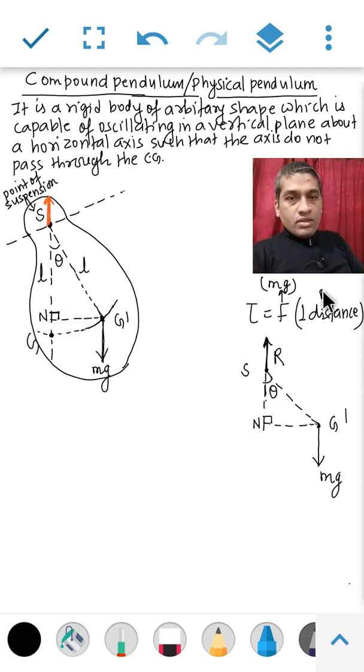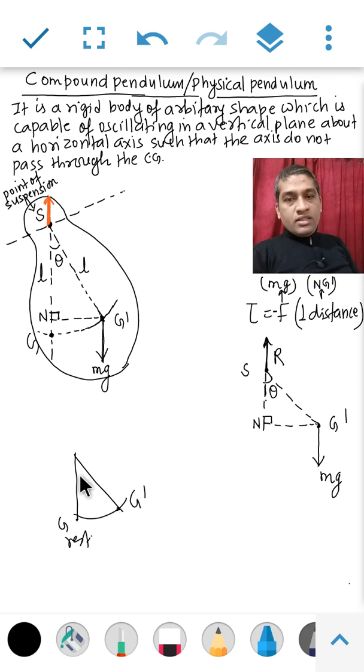And G dash. For restoring torque, we need to put a negative sign. Why? Because as I said, we have displaced the pendulum from the initial position by angle theta.